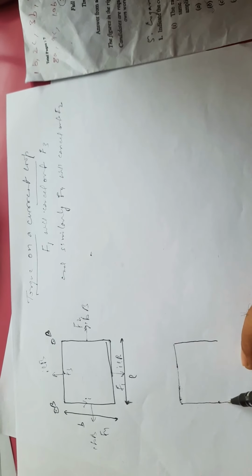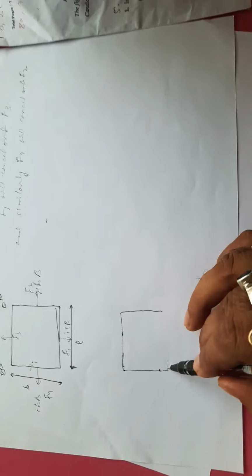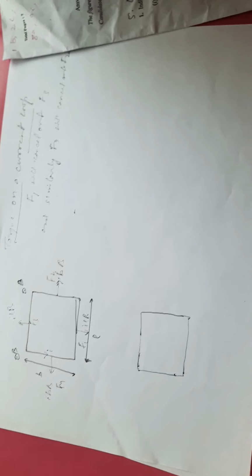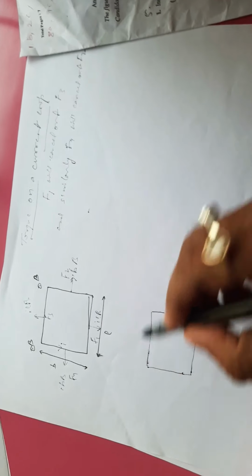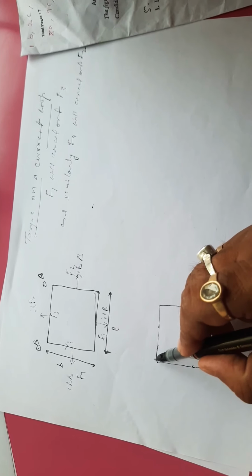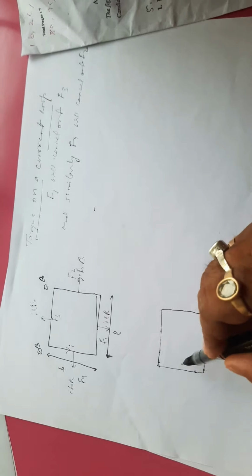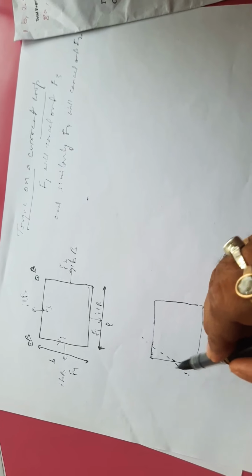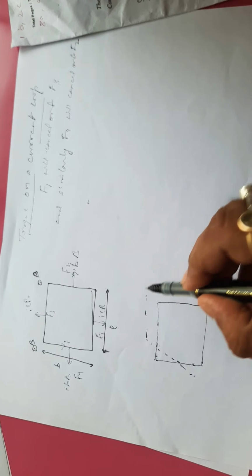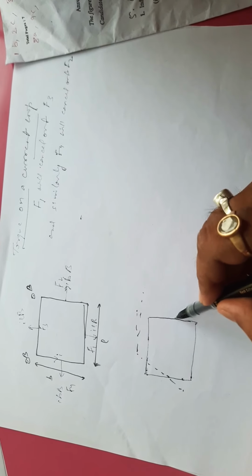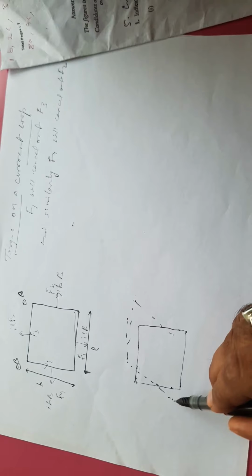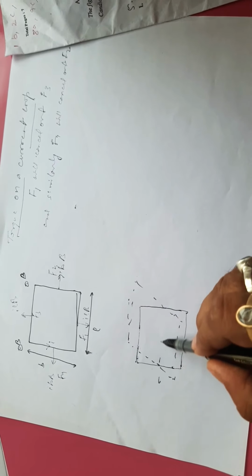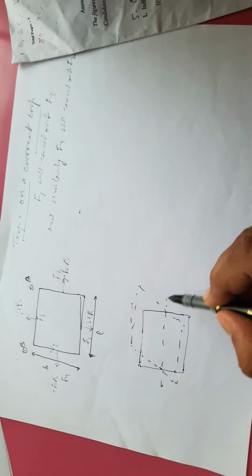So now the loop is something like this. It will be in a new position, which you can see over here, and it makes an angle theta.